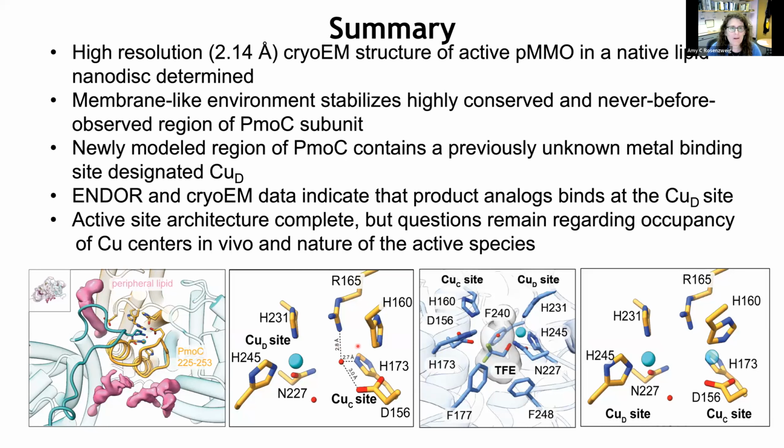And as a bioinorganic chemist who's been looking at metal sites for years and years, to me it seems like 2 pairs of histidines should be binding 2 metals. But we have no evidence for simultaneous occupancy of these sites right now. That and the nature of the active species are the next frontiers that we're going to address in the lab.